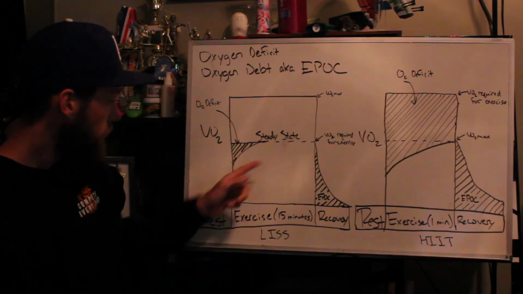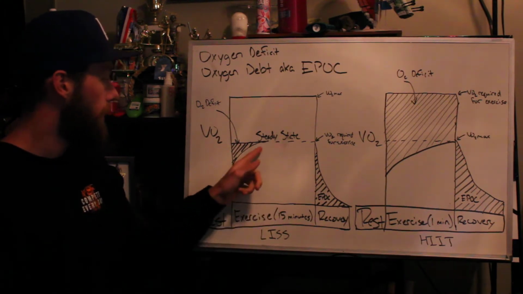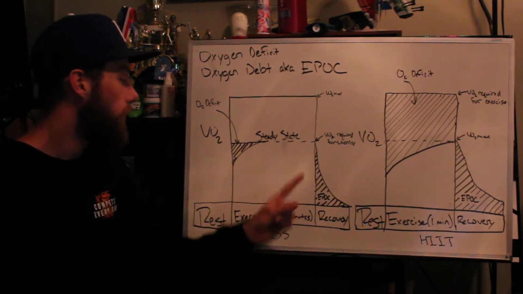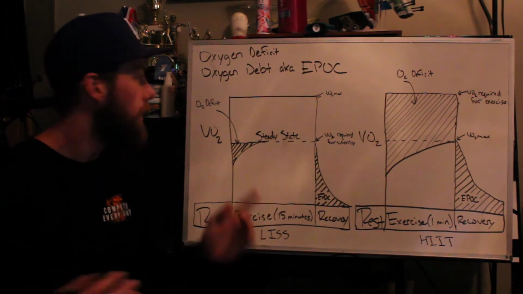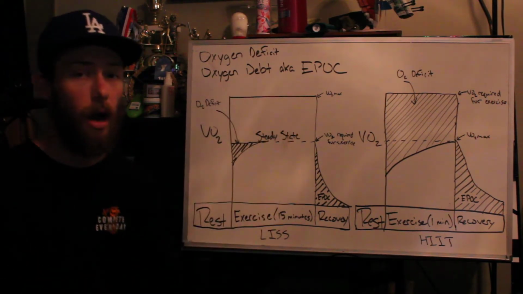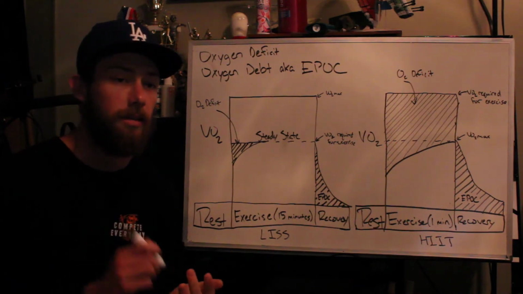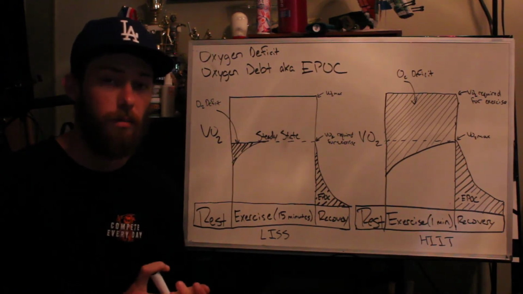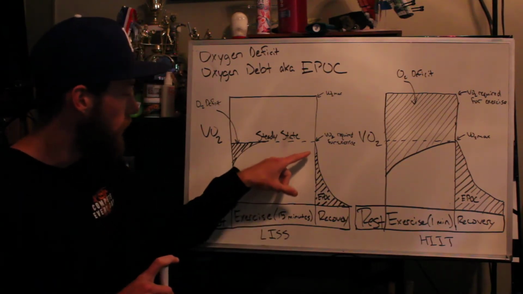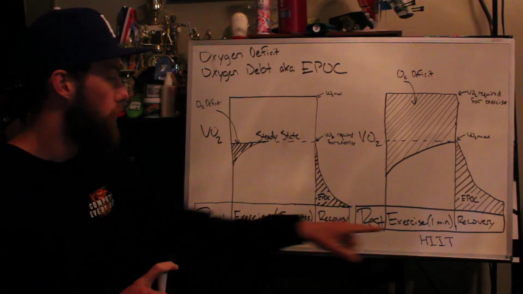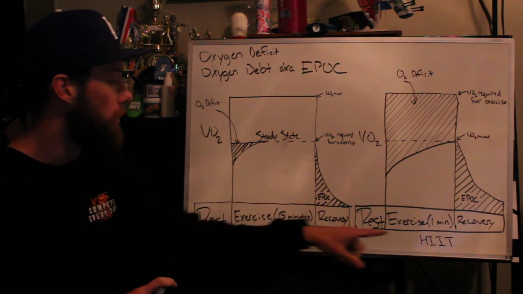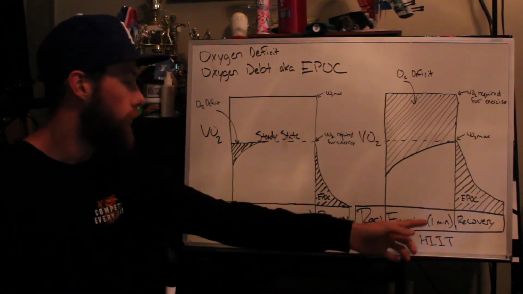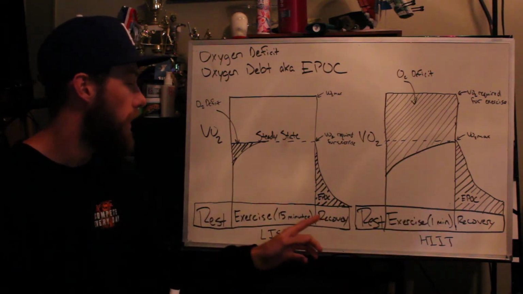So you do your exercise, and eventually it steadies out. Those systems start to work, right? And then you have to pay back that deficit with the oxygen debt, or EPOC. EPOC stands for excess post-exercise oxygen consumption, okay? And you see it's a relatively smaller EPOC, your oxygen debt, compared to our HIIT here, which we'll get to in a second.